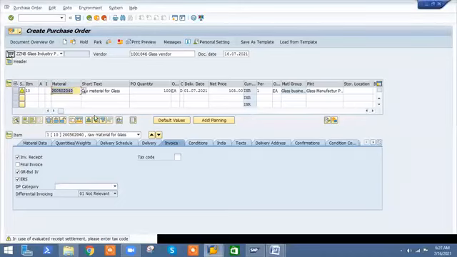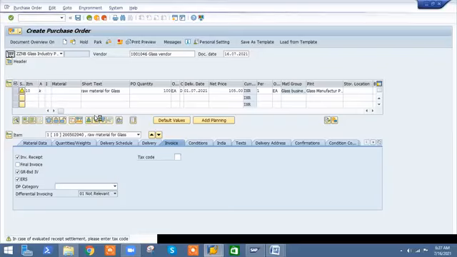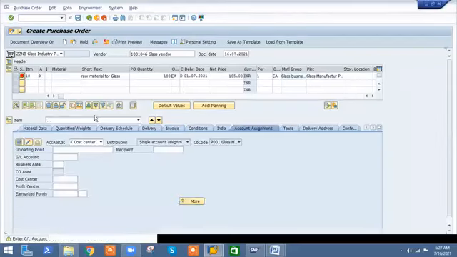Simply see here what I've done. I have deleted the material, and then there is a description. So here I am going to mention some other parameter. Then this purchase order will now become an indirect procurement.